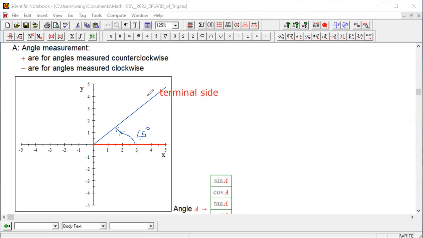Another way we measure is clockwise. Suppose I'm measuring an angle clockwise, and this angle terminates right here.